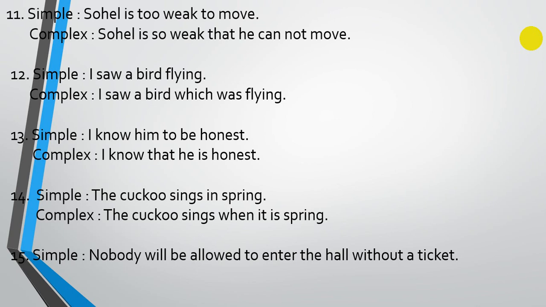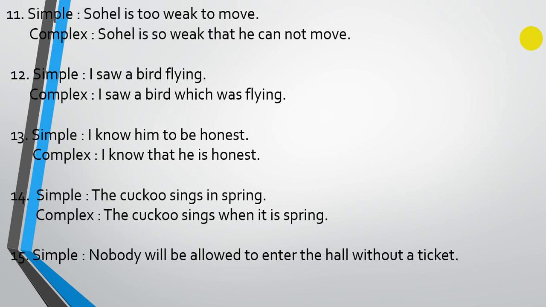Serial number 15. Nobody will be allowed to enter the hall without a ticket. Rule: if the simple sentence is done by adding without plus noun or without plus gerund, it will be transformed into complex by expanding the phrase into an adverbial clause. Dear students, look at the sentence.